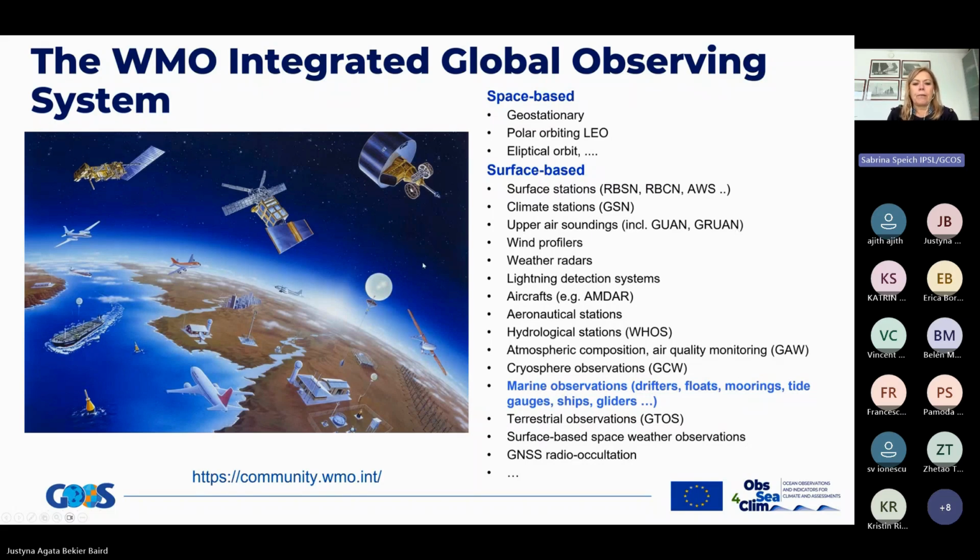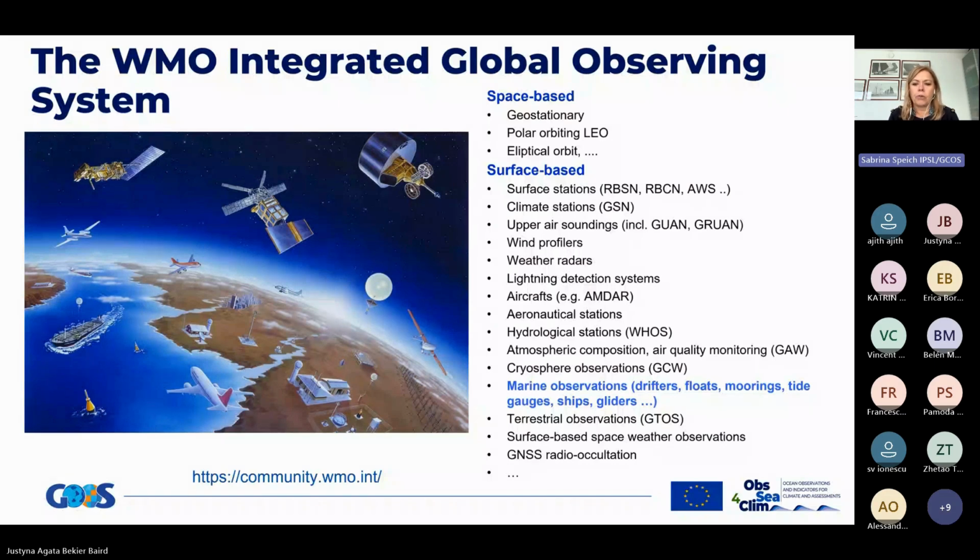The observations come from satellites managed by space agencies and from a number of observation networks managed by government agencies or commercial operators. So WIGOS is the overarching WMO framework and integrates all WMO observing systems. If you go to the WMO website, you will find a lot of acronyms that are all observing systems.